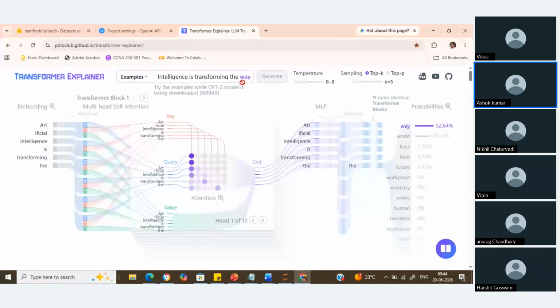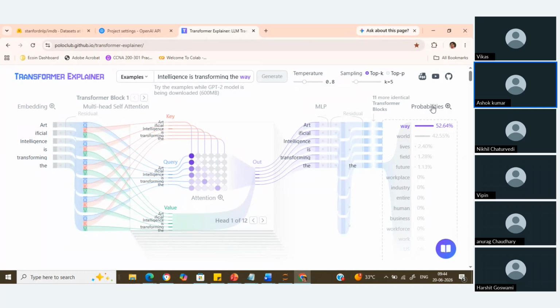Over here it is going to predict different keywords: way, world, lives, field, future, workspace, industry, entire, human. I'm able to see multiple keywords as an output, and this word has 52% probability.